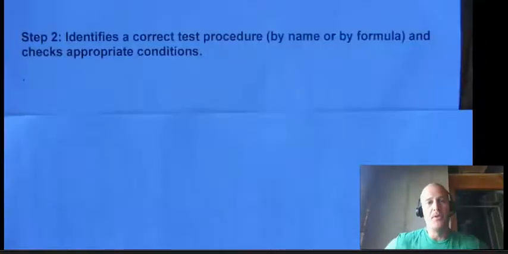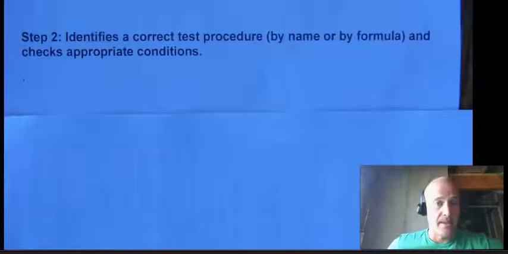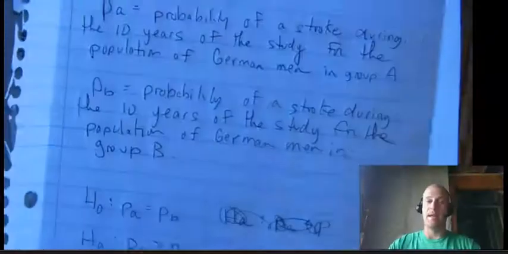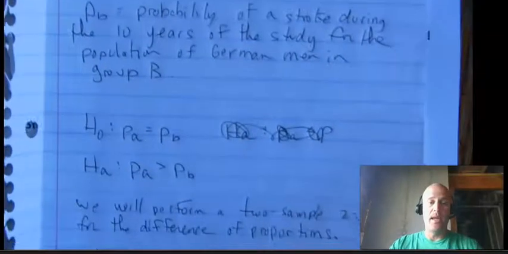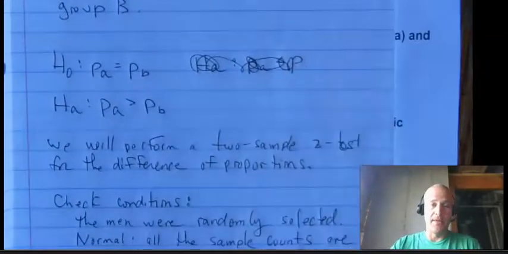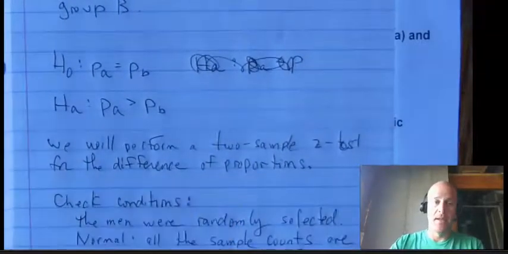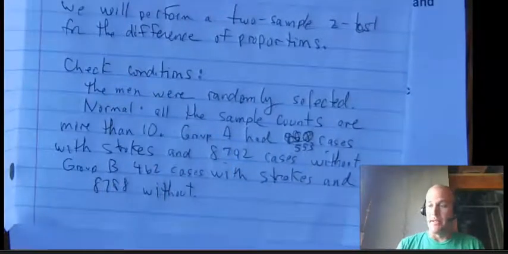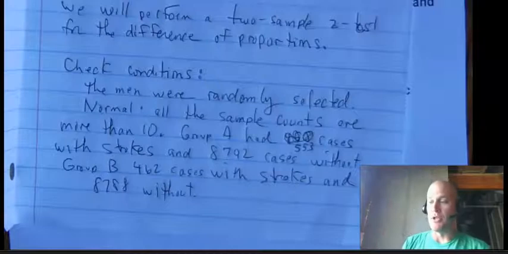Alright, step 2, you have to identify the correct test procedure by name or formula, and you have to check the appropriate conditions. So with the test we currently have going on, we have a 2-sample Z-test for the difference of proportions, and so the conditions look like this. The men were randomly selected, so that checks off the random condition.